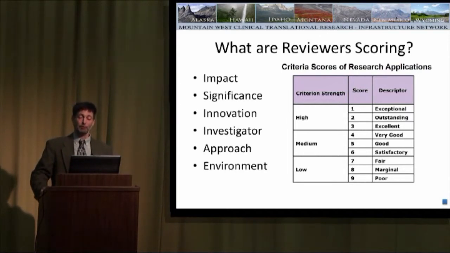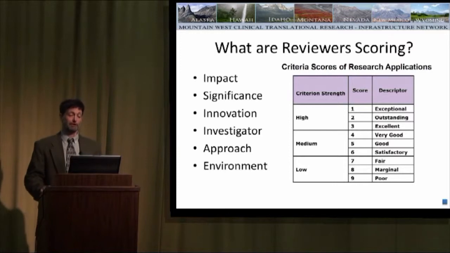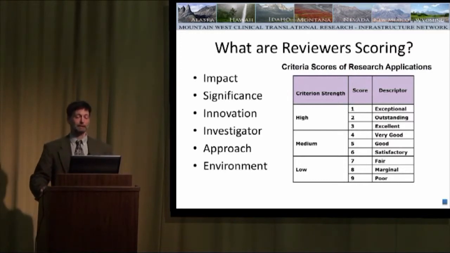And so reviewers are asked to score the following components: significance, innovation, investigator, approach, and environment on a scale of 1 to 9. And you can see how those numbers break down in terms of whether or not the research is considered of high impact, medium impact, or low impact.